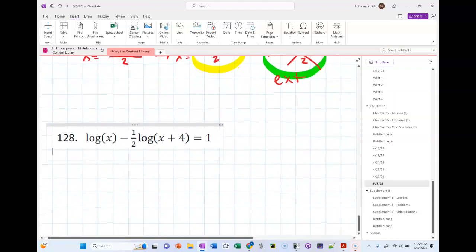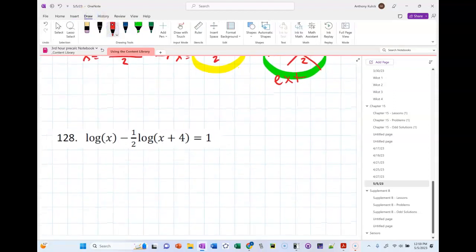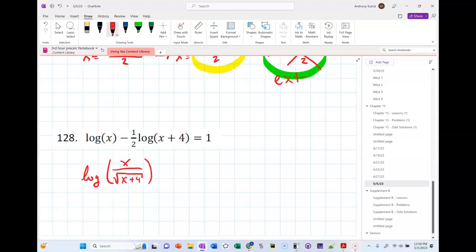So again, same idea. I'm going to condense this. So I'm going to end up with log of x over the square root of x plus 4 equal to 1. And to get rid of the log there, I'm going to have to use exponent base 10.